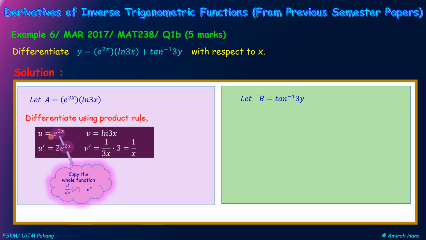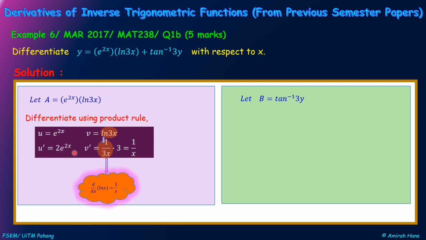So when we differentiate e to the power of 2x, we get back e to the power of 2x. But after that, we need to differentiate the exponent. When we differentiate 2x, we get 2, so we put it in front here.